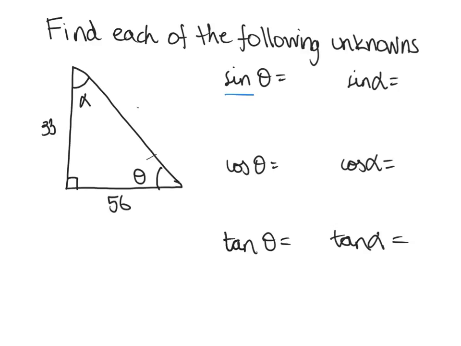Okay, find each of the following unknown solutions. So I want to find sine of theta, sine of alpha, cos of theta, cos of alpha, tan of theta, and tan of alpha. Now let's see. For alpha here, I'll use blue. For alpha, this will be the opposite side, this will be the adjacent, and this will be the hypotenuse.